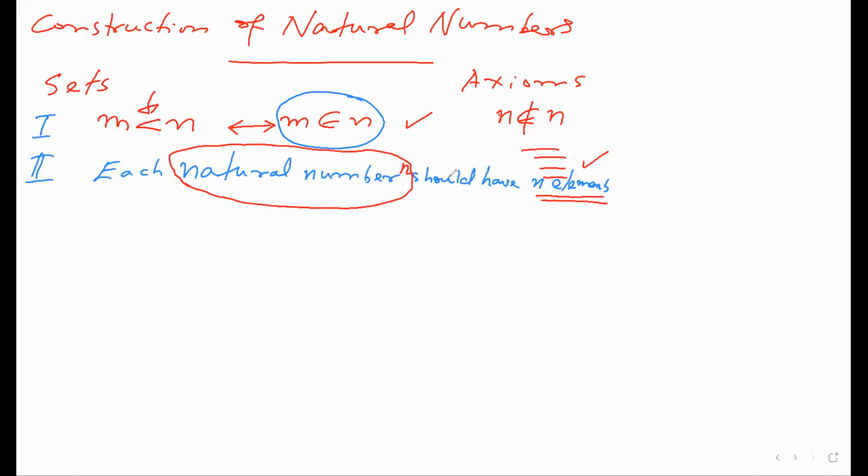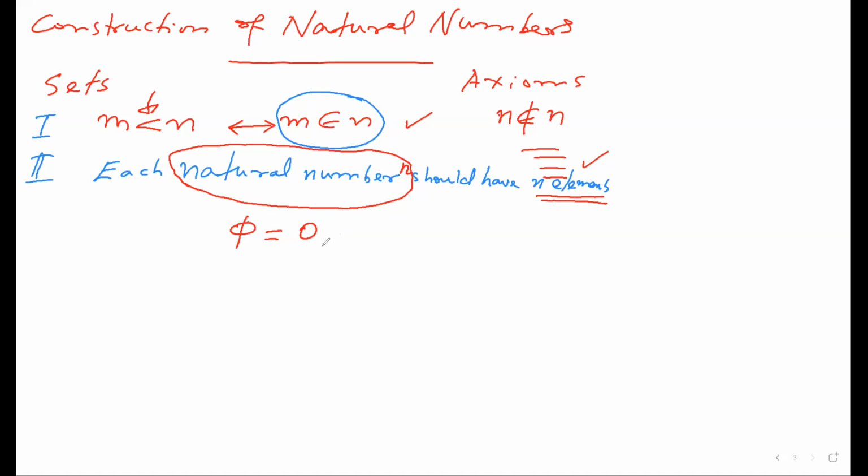By the second principle, what do you think the empty set should represent? Siddharth? 0. Because it has no elements. So this set is the ideal candidate for the number 0.